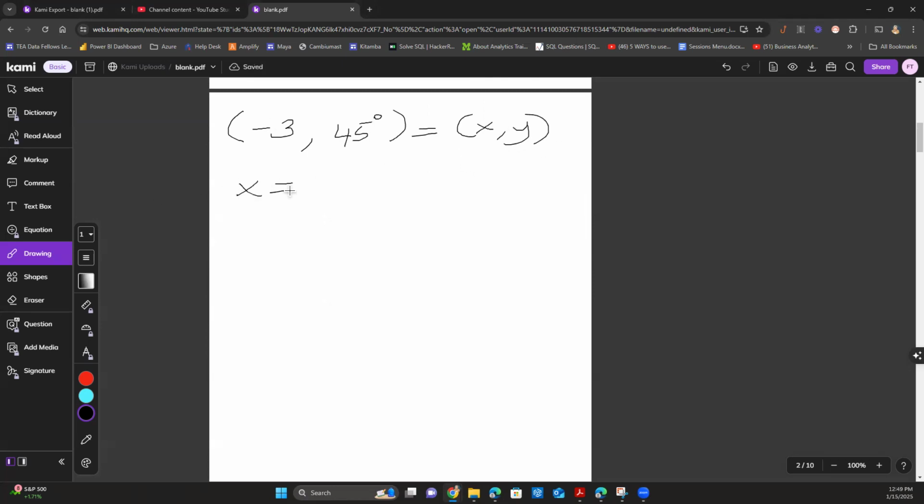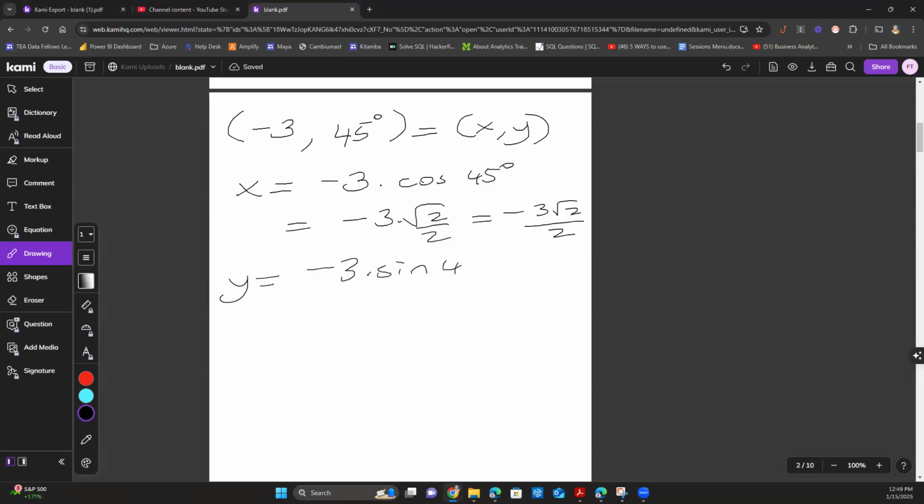To find the x value, we need R times cosine of 45 degrees. So it's negative 3 times cosine 45, which is root 2 over 2. So it's negative 3 root 2 over 2. For the y value, I need negative 3 times sine 45, which is going to give me the exact same thing as my x value.